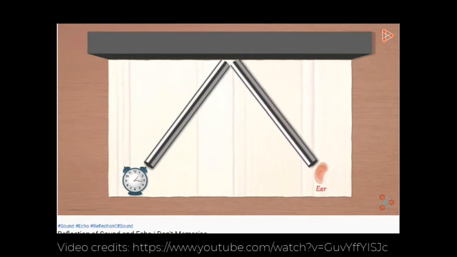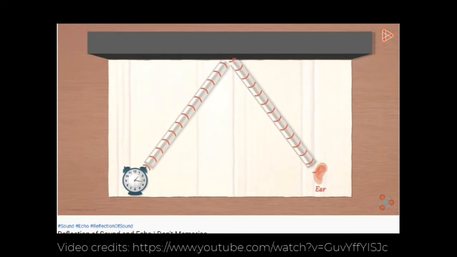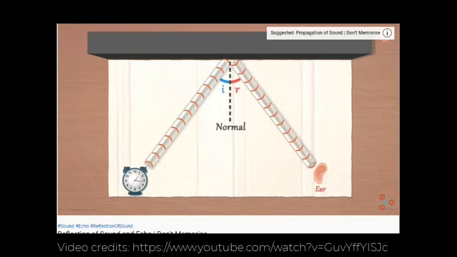As you move the tube, you check the angle of incidence and the angle of reflection. So that is one possible experiment for reflection of sound. Then you check if the angle of incidence is equal to the angle of reflection.